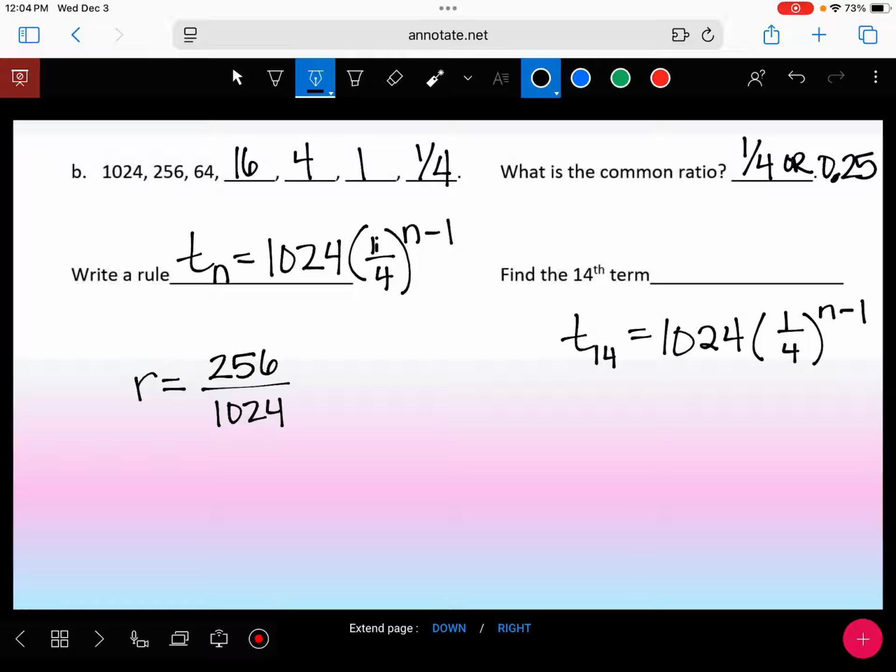It's going to be a really small number. And because it's so small, some of your calculators may put it in scientific notation.